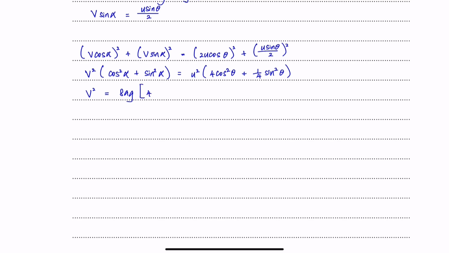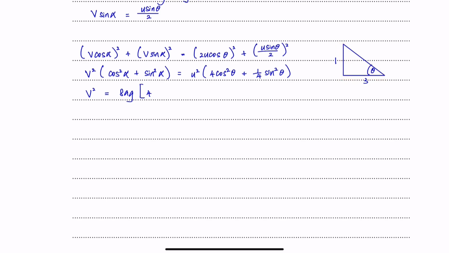And what is cos theta and sine theta? We know that tangent theta, let's say this is theta, tangent theta is 1 over 3. So this would be 1 and this would be 3, right? Because tangent is the opposite divided by the adjacent.